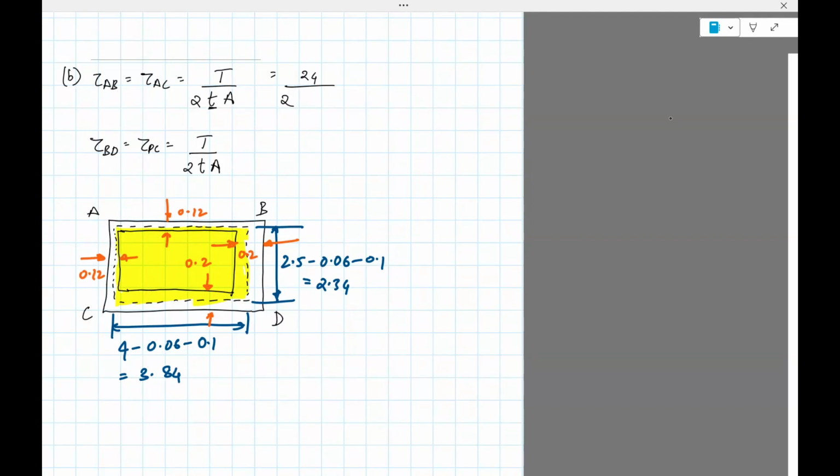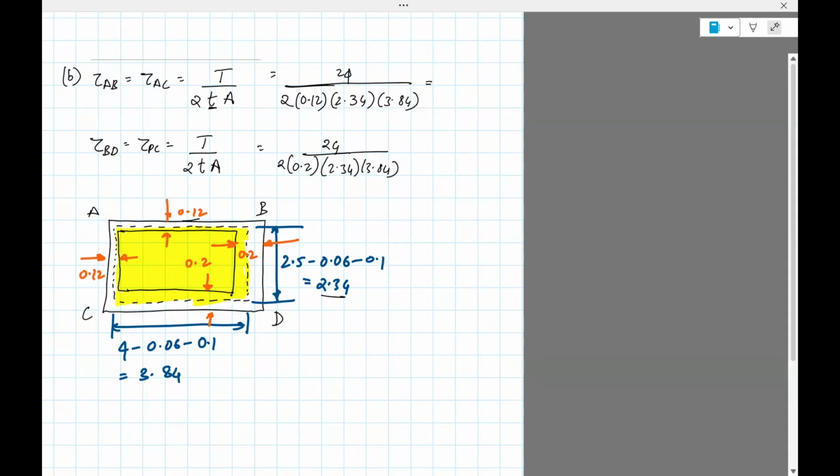So thickness is clearly 0.12, and then area is 2.34 times 3.84. And this one will be 24 divided by 2 times thickness 0.2. Cross-sectional area is the same, 2.34 times 3.84. And then the answer is 8.35.